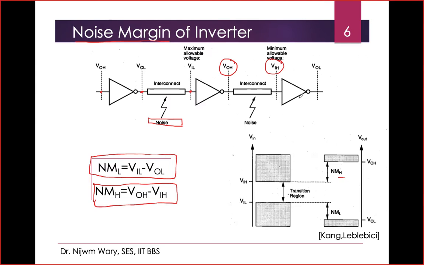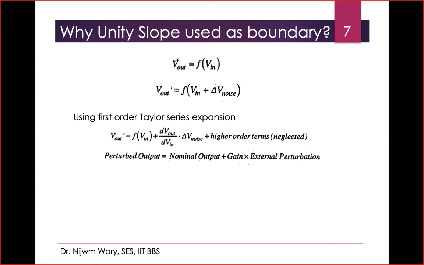So let me come to this one. I can define my V out as a function of V in, right? This is the VTC curve, which of course is a non-linear function. So V out can be defined as a function of the V in.